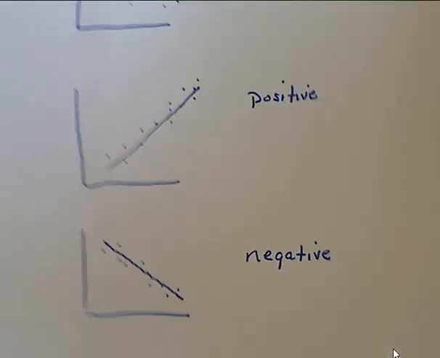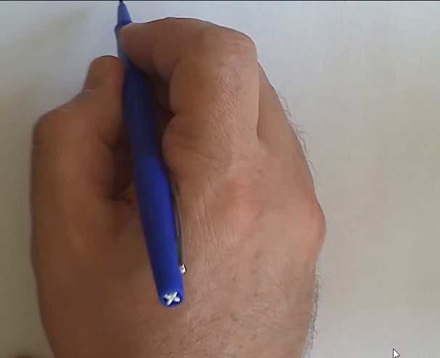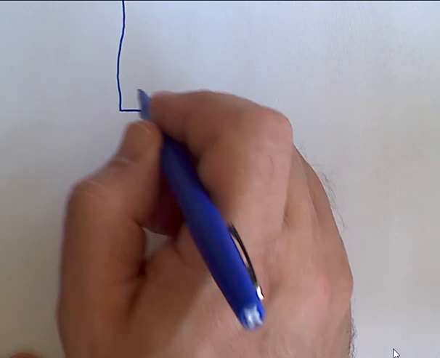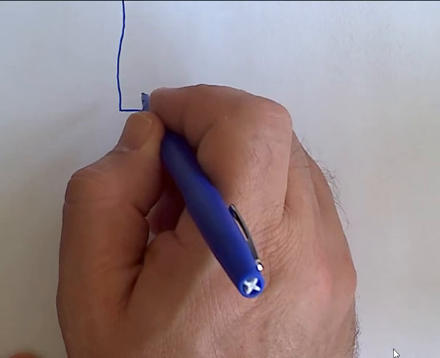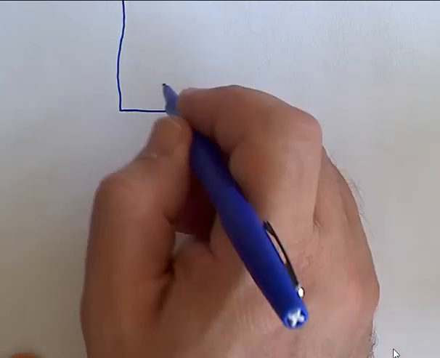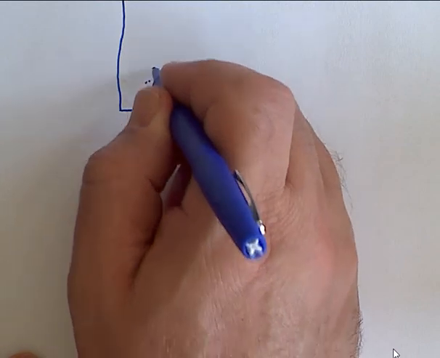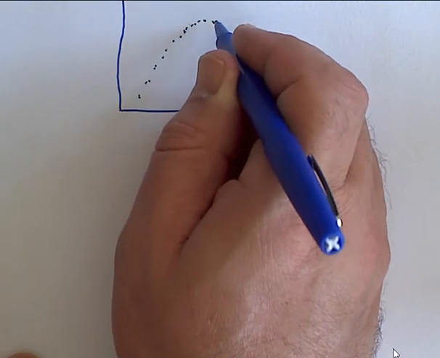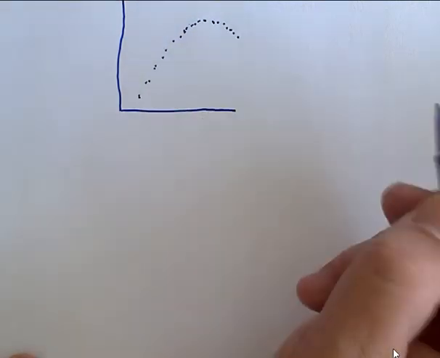So let's say we have an example that shows a definite pattern, but the pattern forms a curve. So if I have something that does this, for example, you're going to see some of these look just like ones in the examples, so I'm not going to hide anything here. It appears to go up and then it starts to change and it almost starts to come back down.